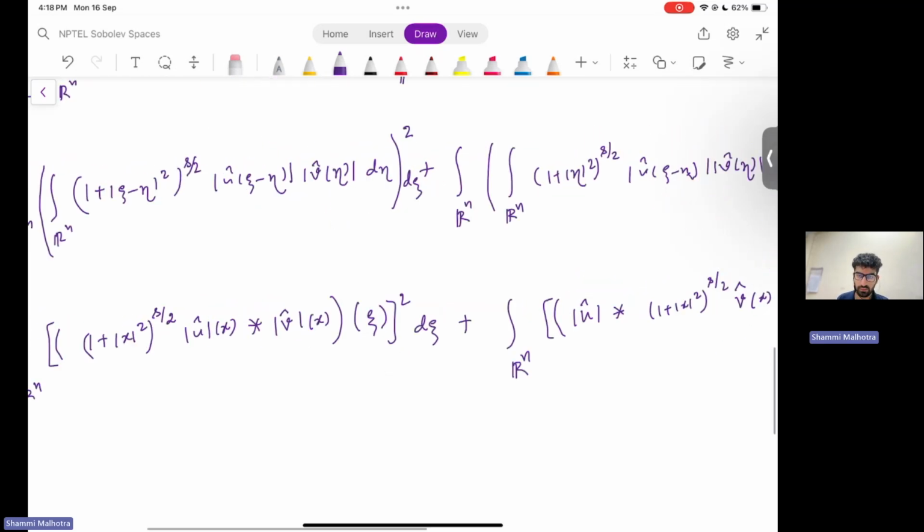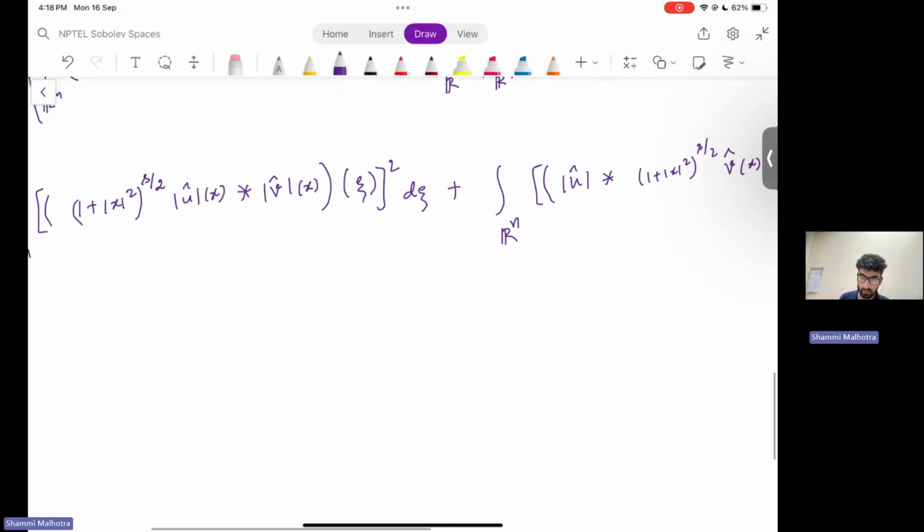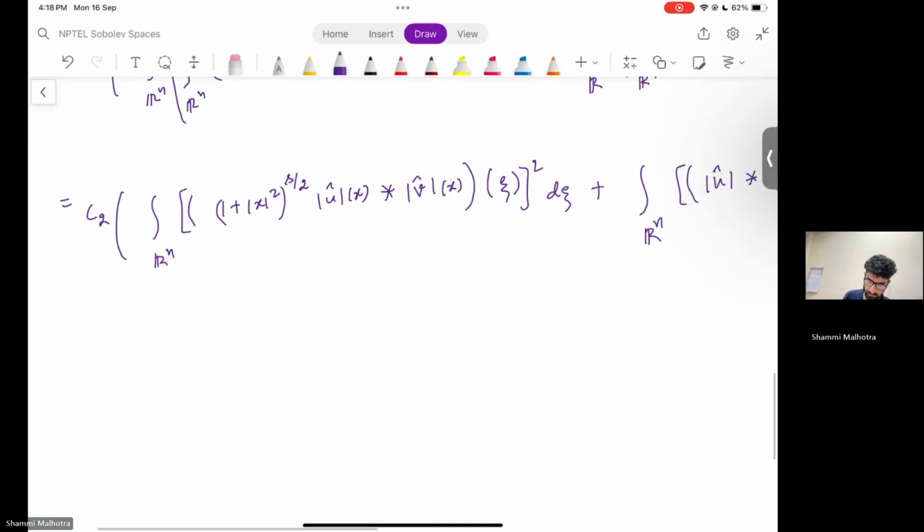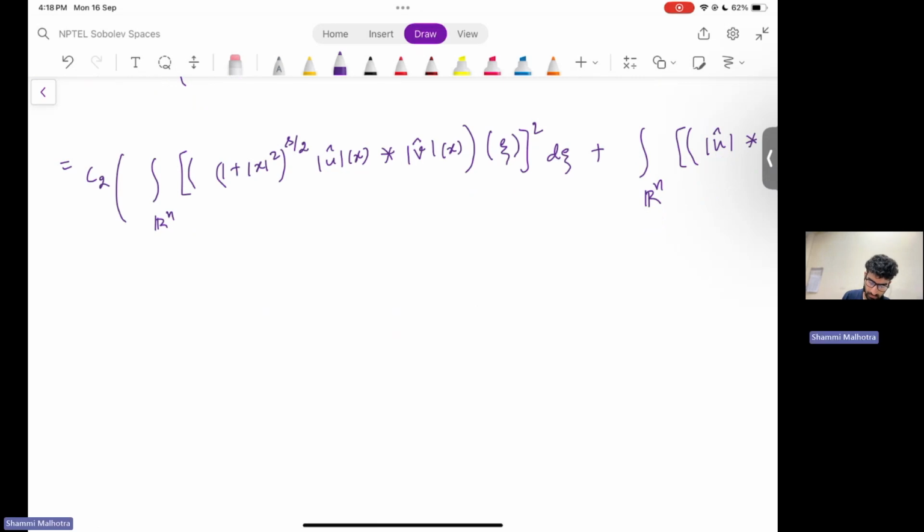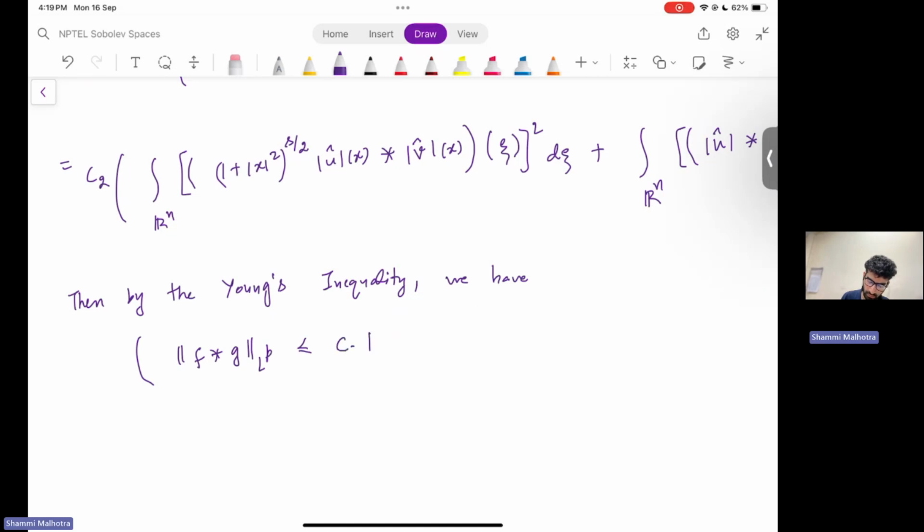And finally, what we would like to use is the Young inequality here. By Young's inequality, we have that the L^p norm of the convolution of f and g is less than or equal to some constant times the L^p norm of f times the L^1 norm of g.